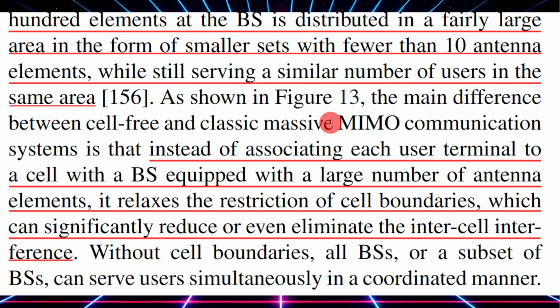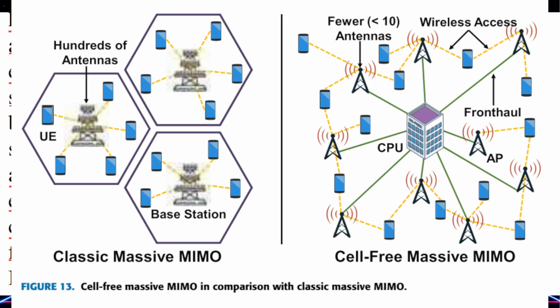As shown in figure 13, the main difference between cell-free and classic massive MIMO communication systems is that instead of associating each user terminal to a cell with a base station equipped with a large number of antenna elements, it relaxes the restriction of cell boundaries, which can significantly reduce or even eliminate the inter-cell interference.